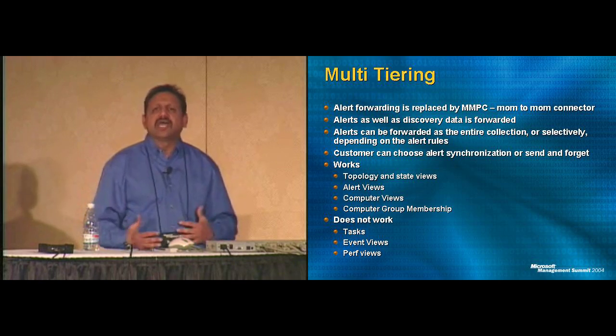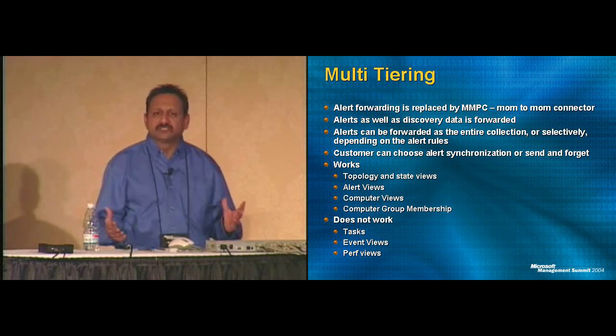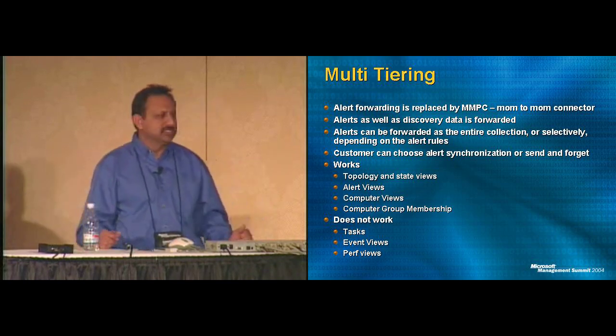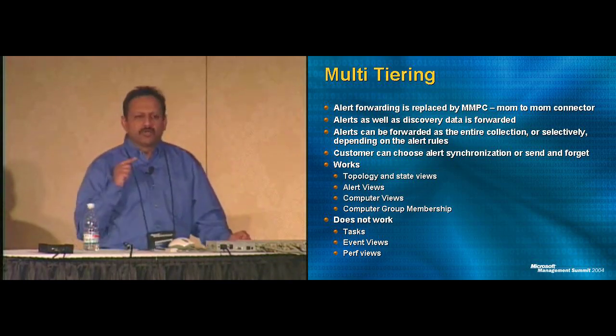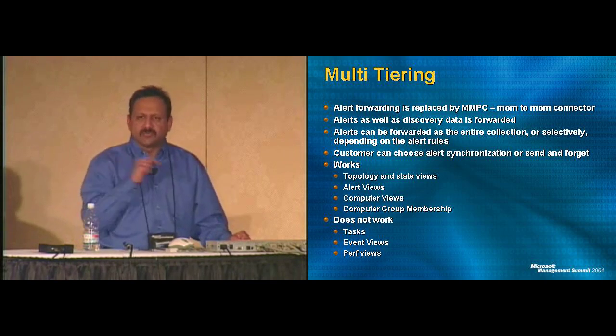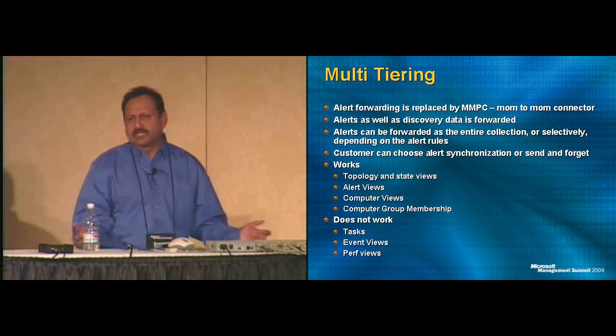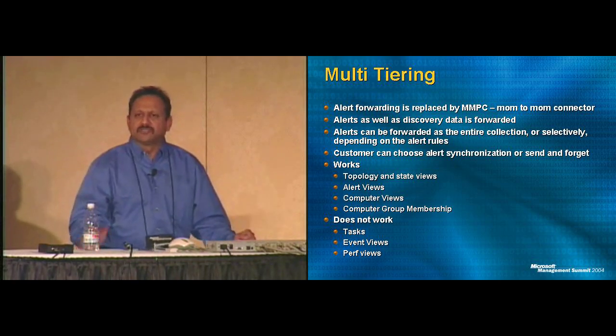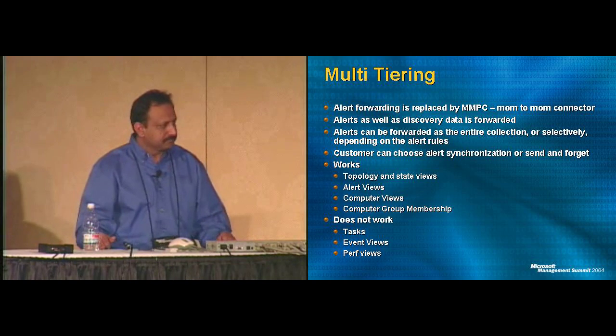We don't want to send that upstairs because it goes counter to the scalability requirements of multi-tiering. And of course, we don't want to reach out and run a runtime task from the top tier. We won't support that. You can continue to do UI tasks, because those just run on the console from the thing you're pointing to in the UI.